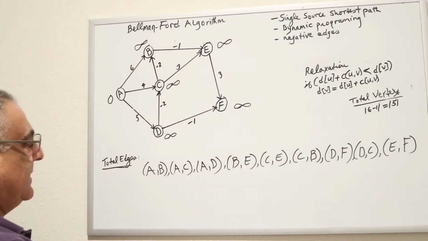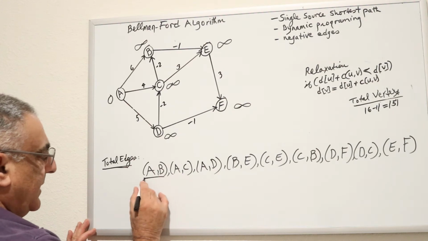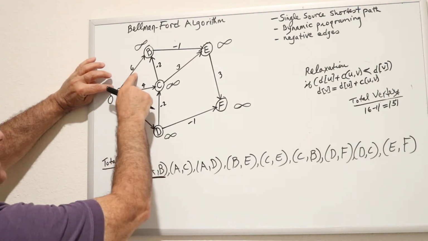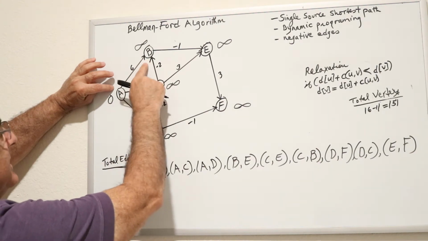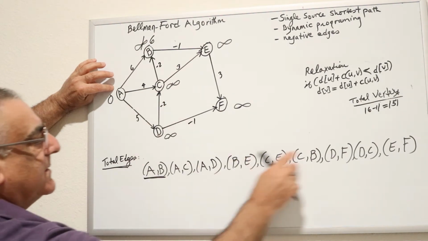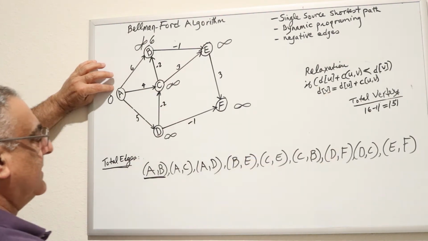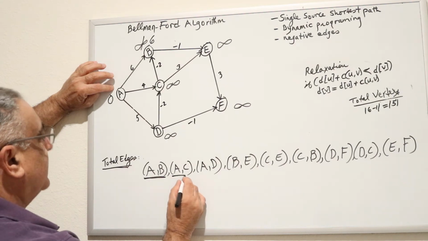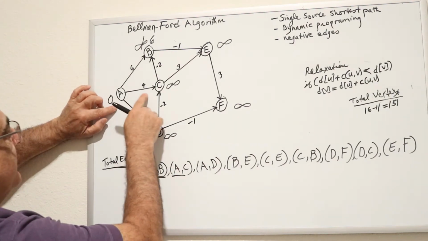How do we calculate this? First time through, we have to go through each one of these. A to B, 0 plus 6 is 6. That's less than infinity, so I'm going to substitute that, according to that formula. Now, A to C is 0 plus 4.